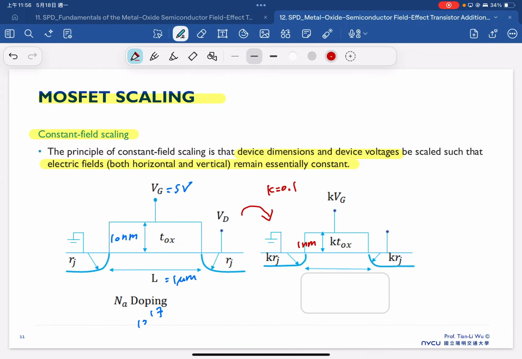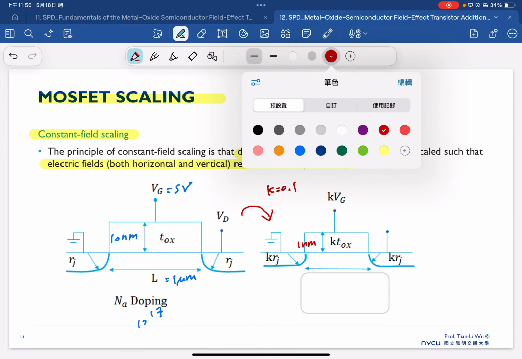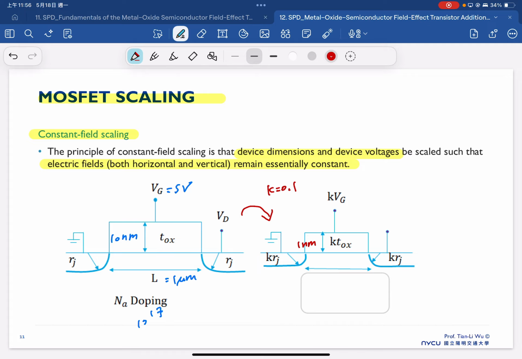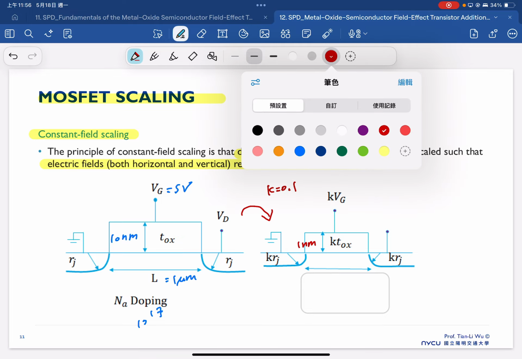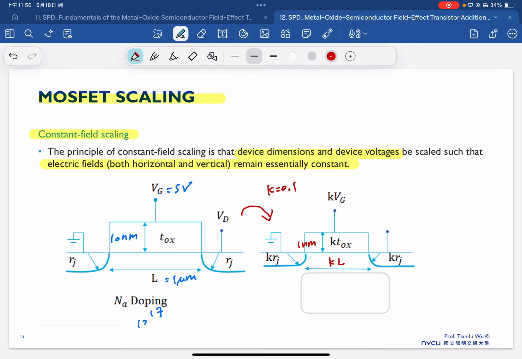This is by considering a constant K value of 0.1 scaling. So in this case, we can make a 1 nanometer oxide thickness, but the channel length will be equal to KL, which is 100 nanometers. And the voltage can then be reduced to 0.5 volts. And also, to reach this, the substrate doping has to be 10^18.